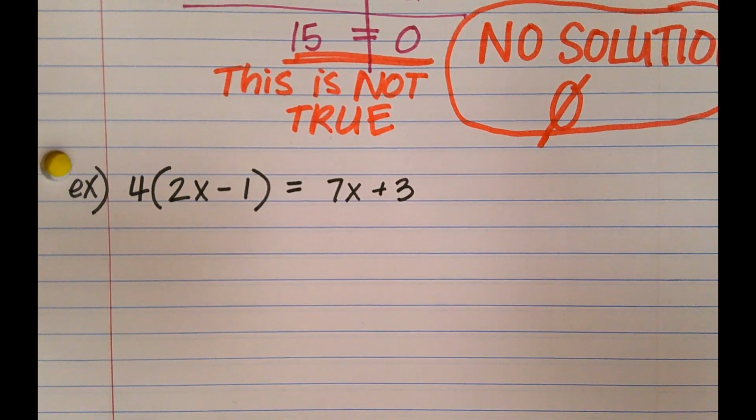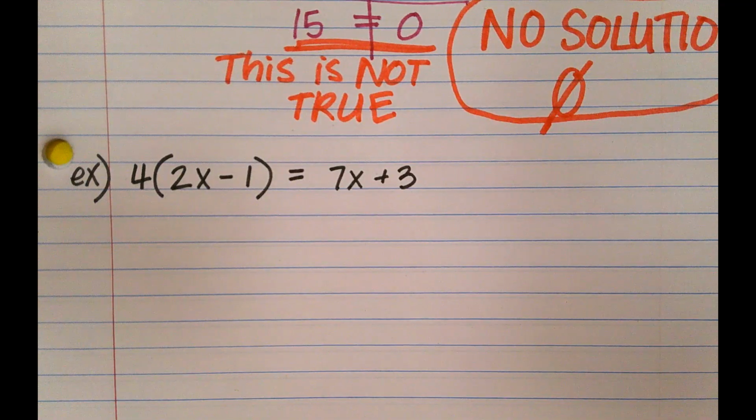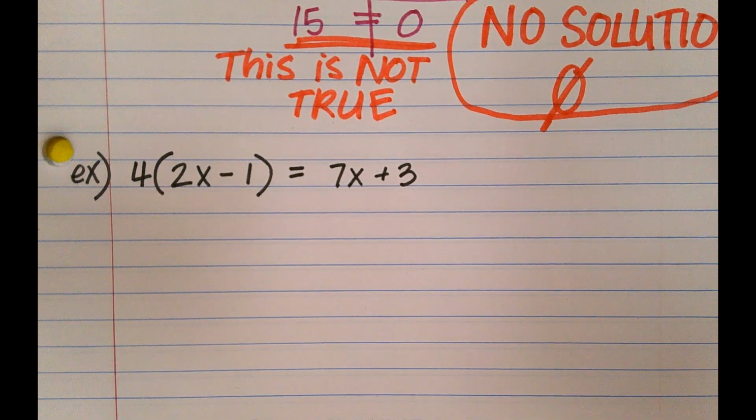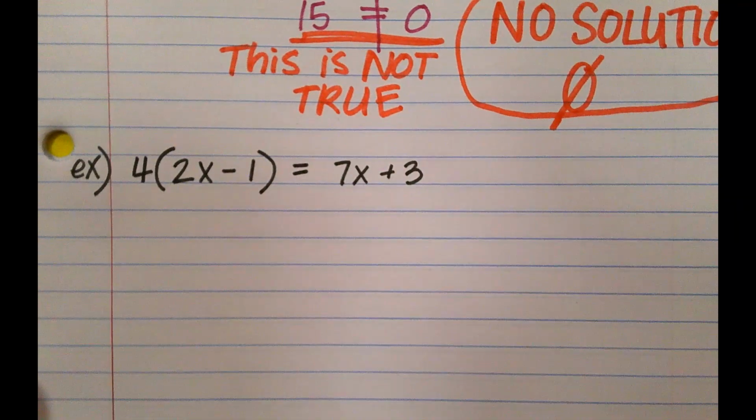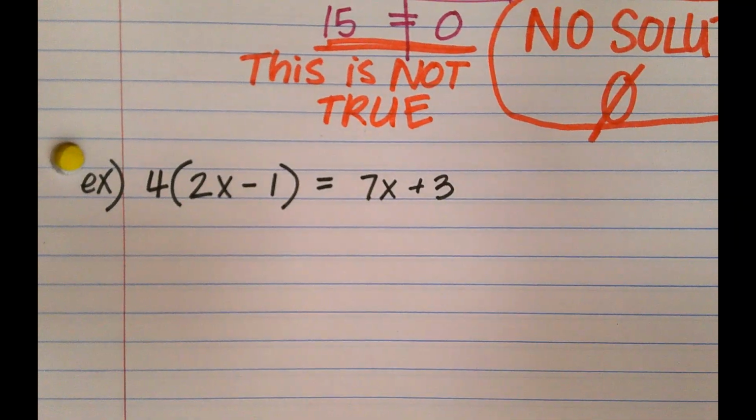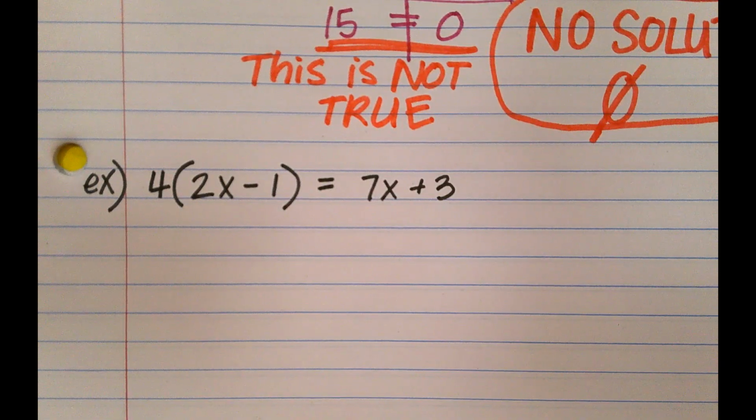This one will not give you no solution, but I bet it might give you a decimal. It might not. Can't work it out in my head that fast. So I have 4 parentheses, 2x minus 1, close the parentheses. That's equal to 7x plus 3.